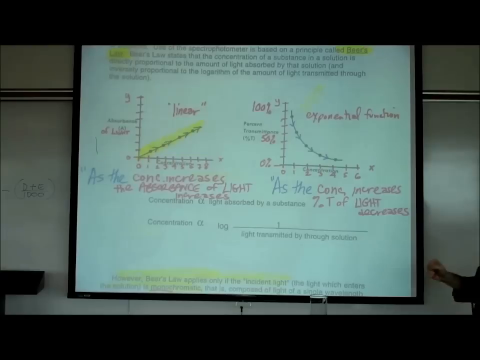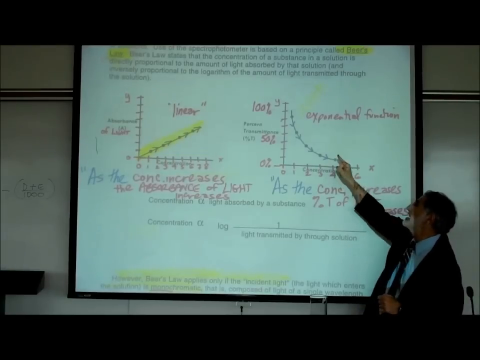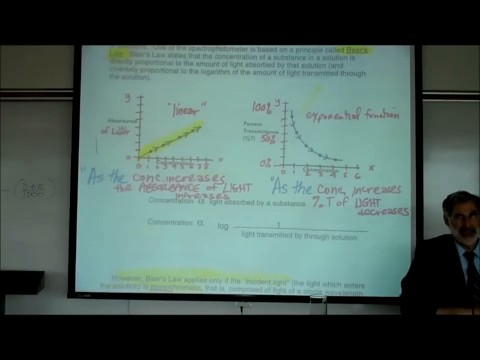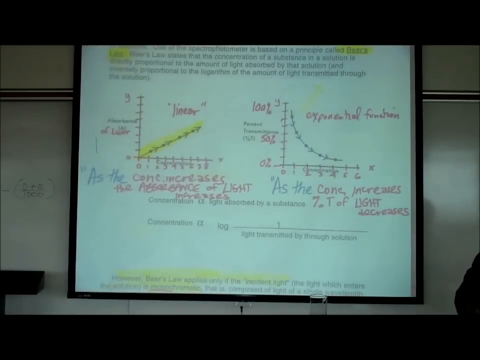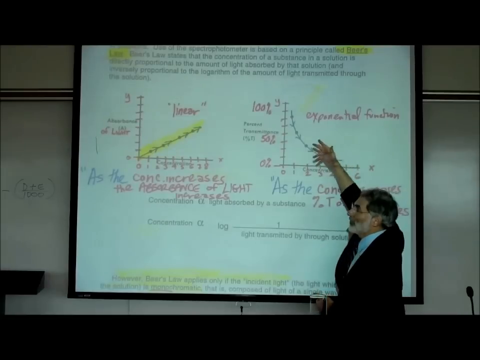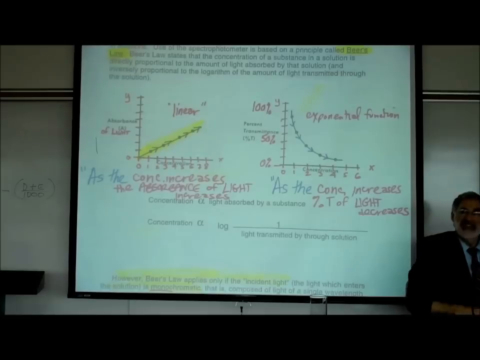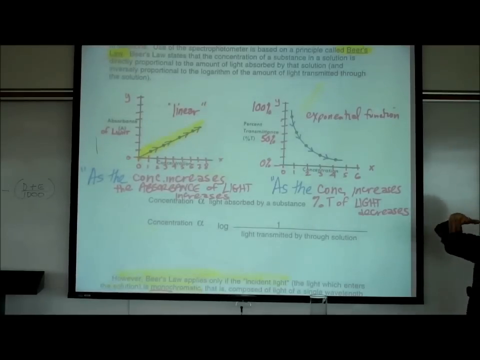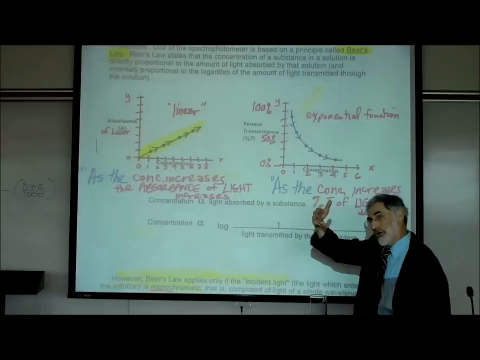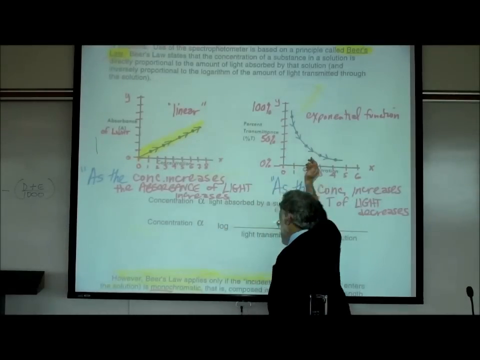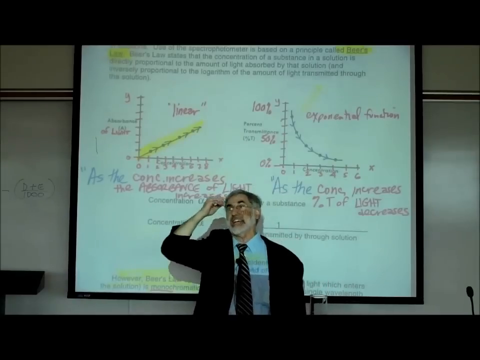Only problem here is this is not a straight line. You'd say, okay, so what? This is known in the world of mathematics as an exponential function. That means that if we were using a mathematical description of this graph line, it's going to involve x squared.